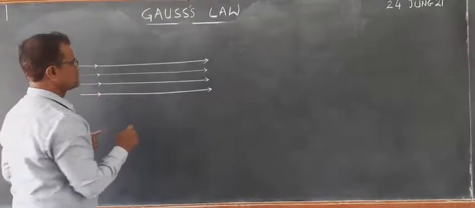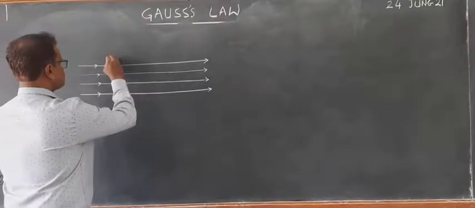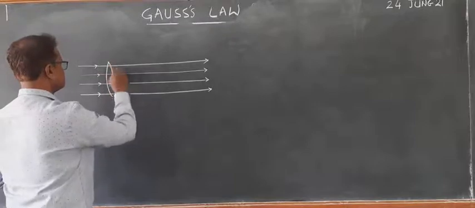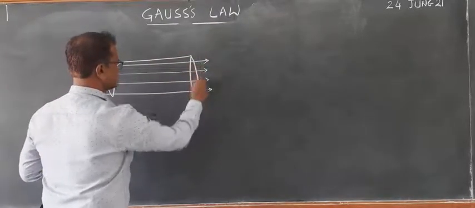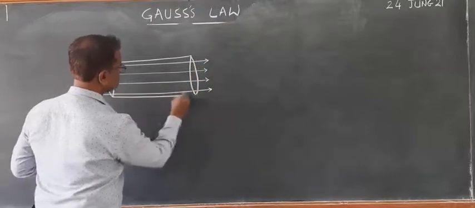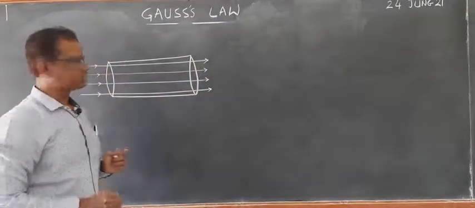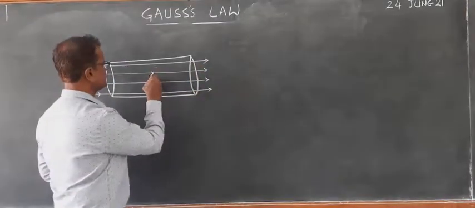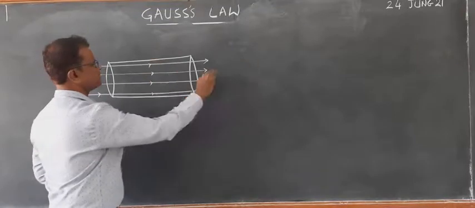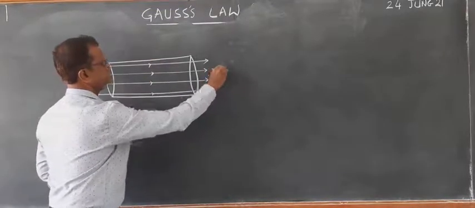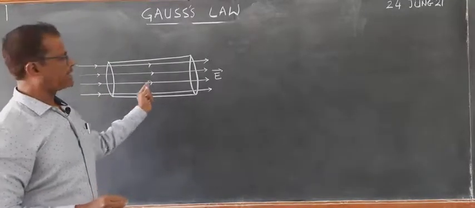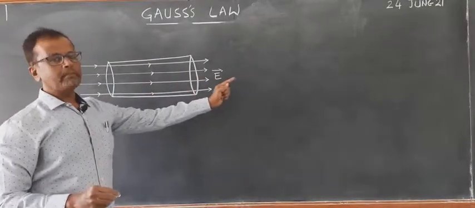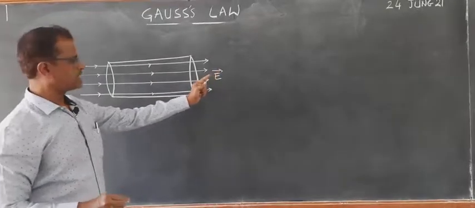Now, suppose there is a cylindrical surface enclosing this uniform electric field. You see, electric field is entering from the left side of the cylinder and leaving out from the right side of the cylinder.